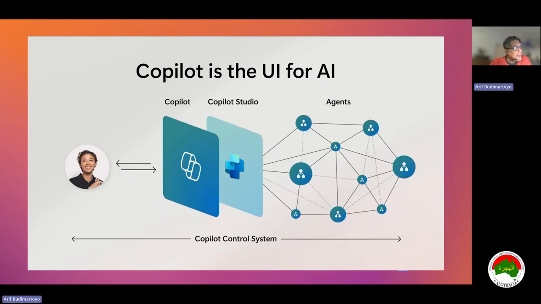You can ask Copilot, and then Copilot can ask the agents that are registered to it. Copilot is basically the UI for AI in Microsoft 365.